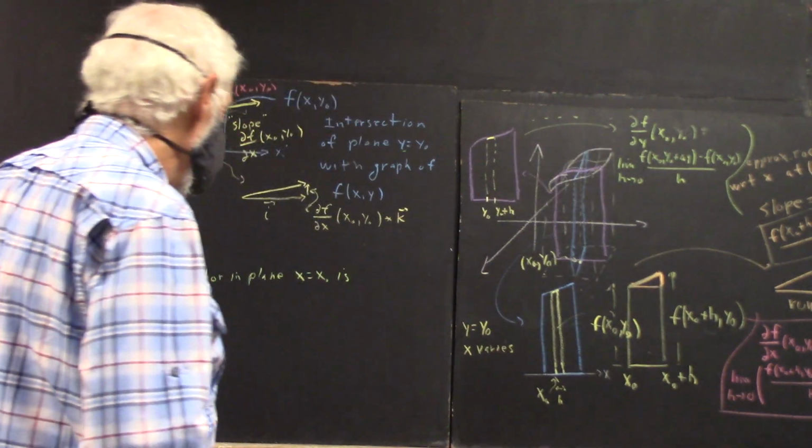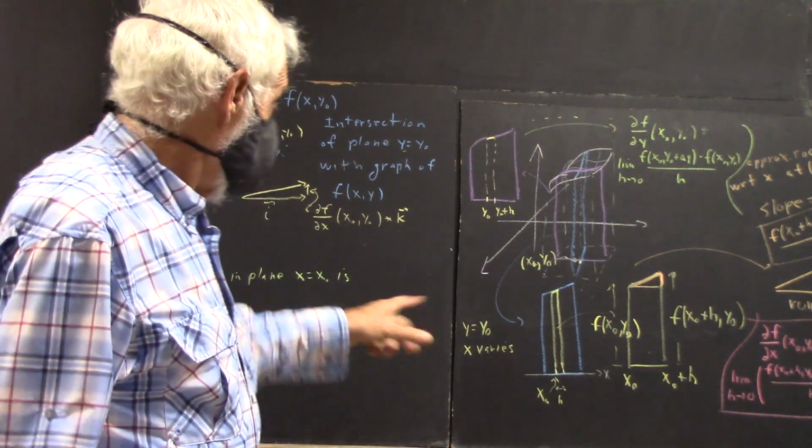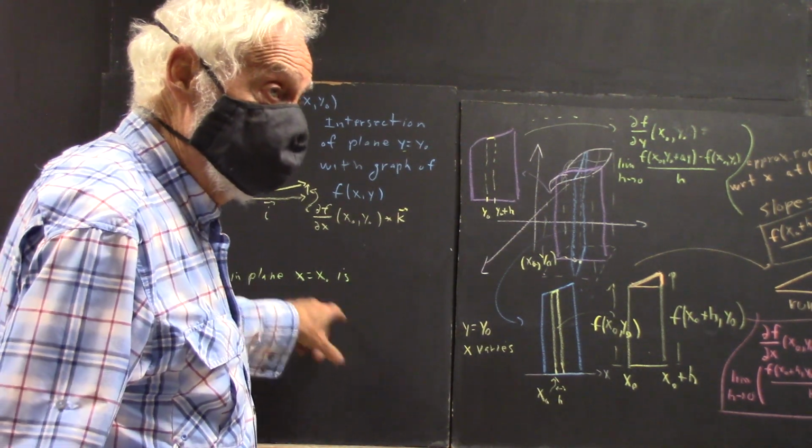Okay, before we go on, I'm going to ask you to sit there and digest this a little bit and tell me what would the tangent vector in the plane x equals x naught be?